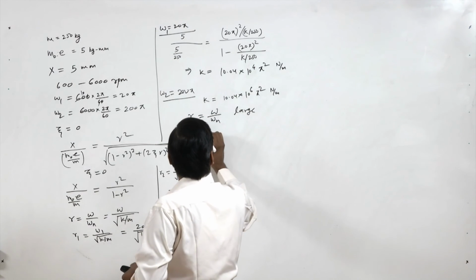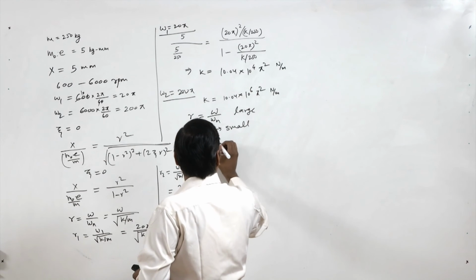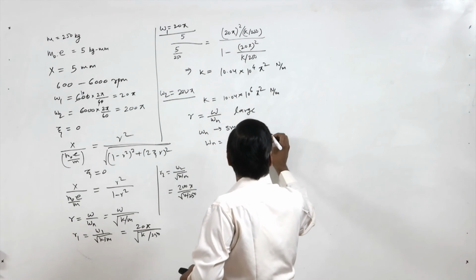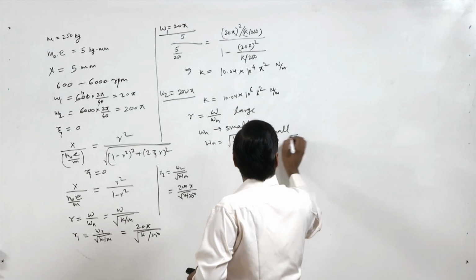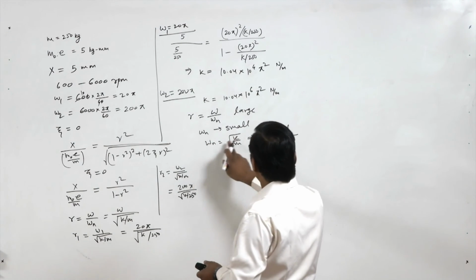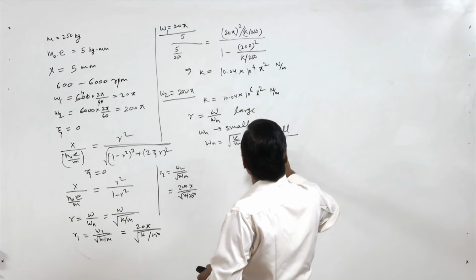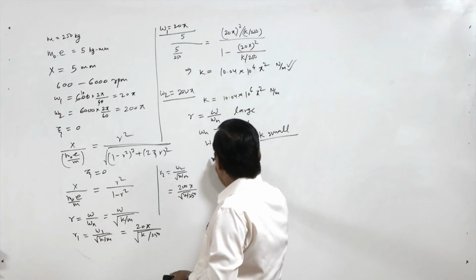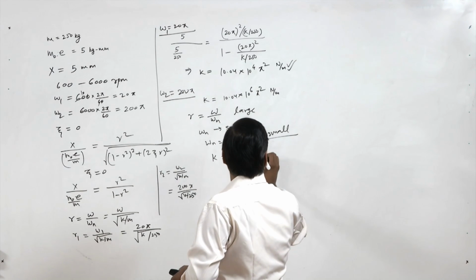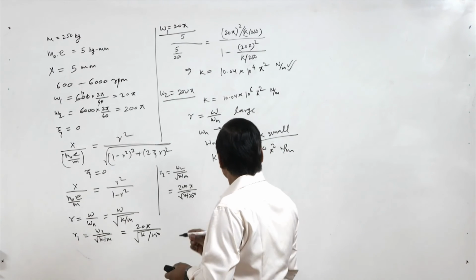So it means omega n should be smaller, and omega n equal to root k by m. This implies that k is smaller. So k should be small to make omega n small and so the r larger. So we have to select the smaller one. So we select this. So our k equal to 10.04 into 10 power 4 pi square Newton per meter.